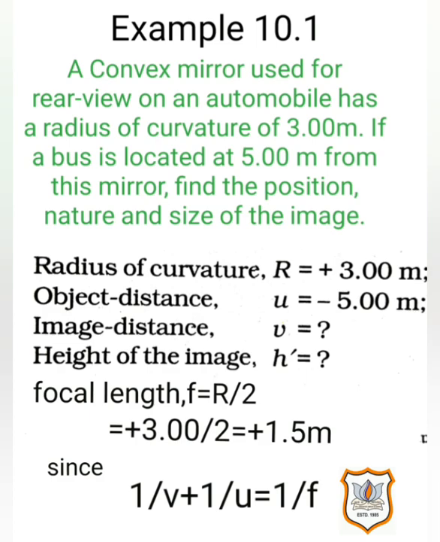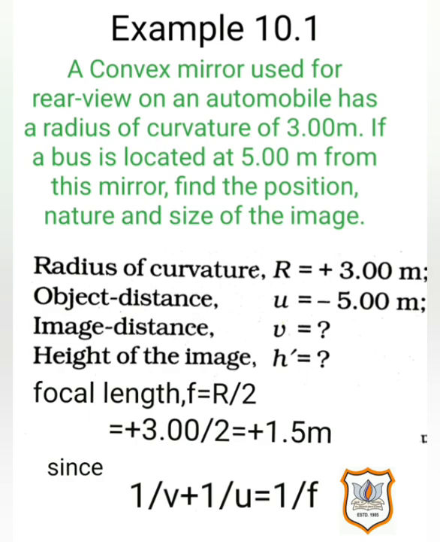As it is a convex mirror, the radius of curvature is r is equal to plus 3.00 meters. And object distance, according to the sign convention, the object should always be placed in the negative side. So u will be equal to minus 5 meters.